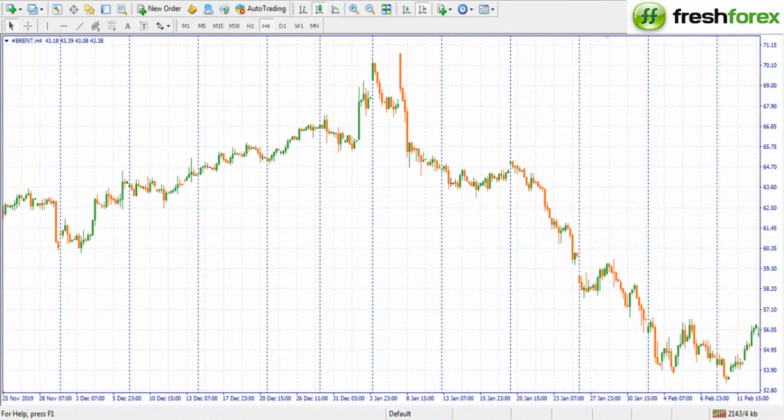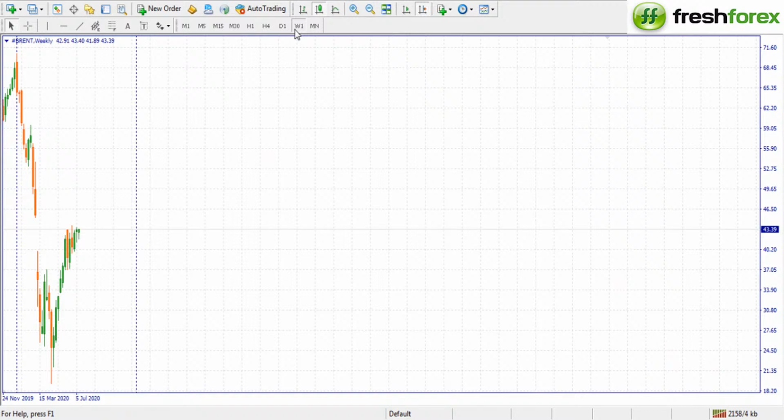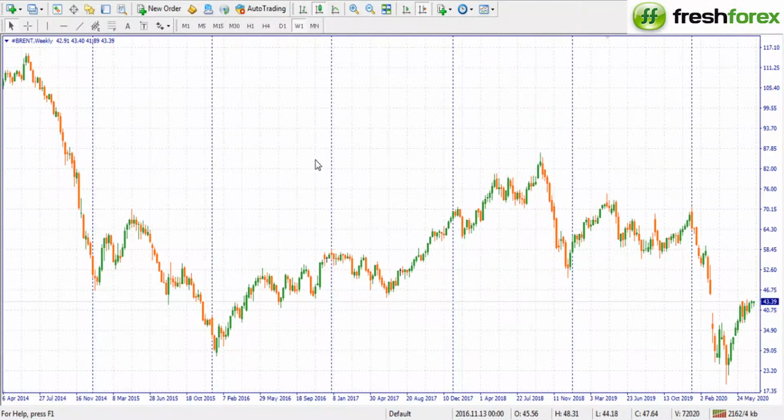So we'll start off with Brent oil. I already have it on my screen, and we're going to start off with the weekly chart, which is here. If you check the weekly chart correctly, you may not be able to see the overall picture unless you start drawing the lines correctly.